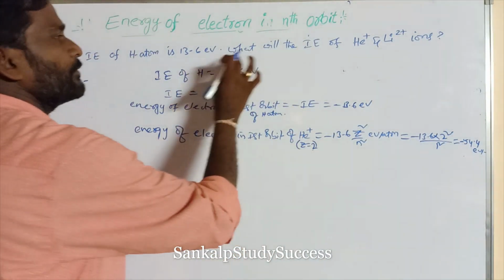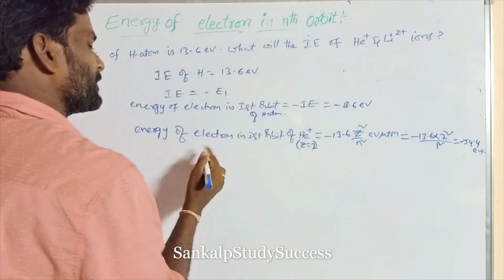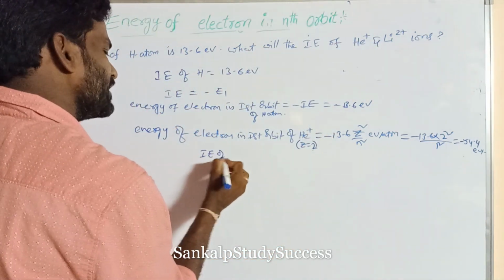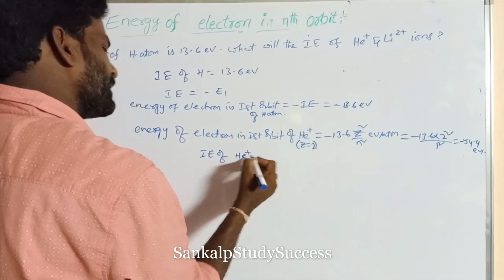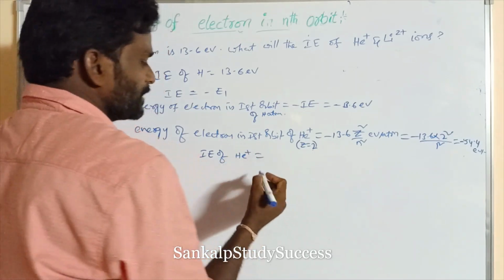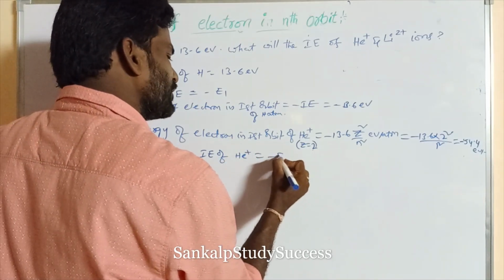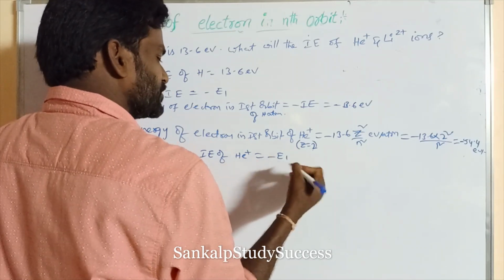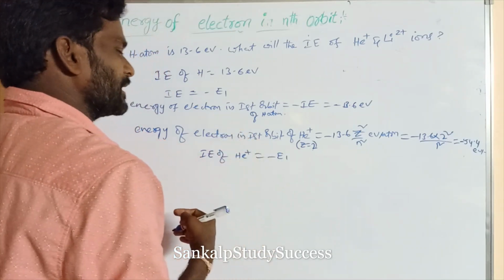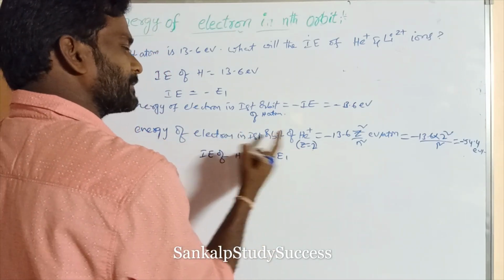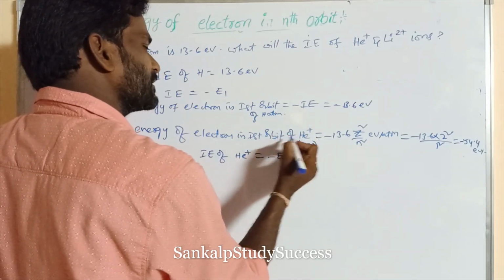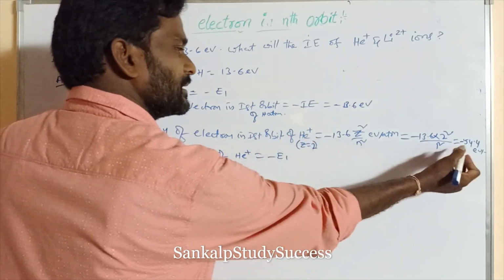Now we want the ionization energy of He plus. IE of He plus is equal to minus E1, that is, minus of the energy of electron in the first orbit of He plus.